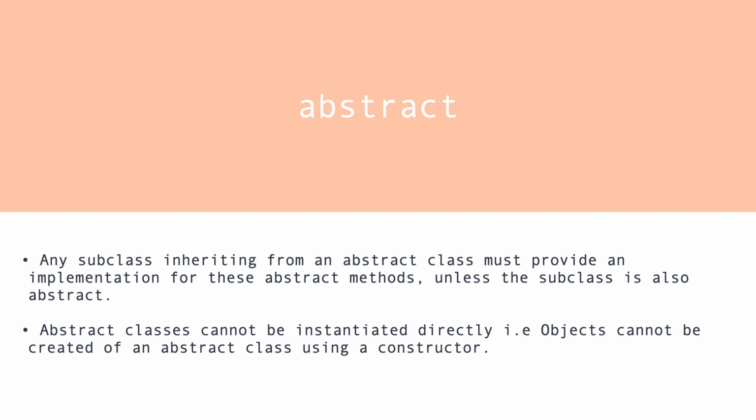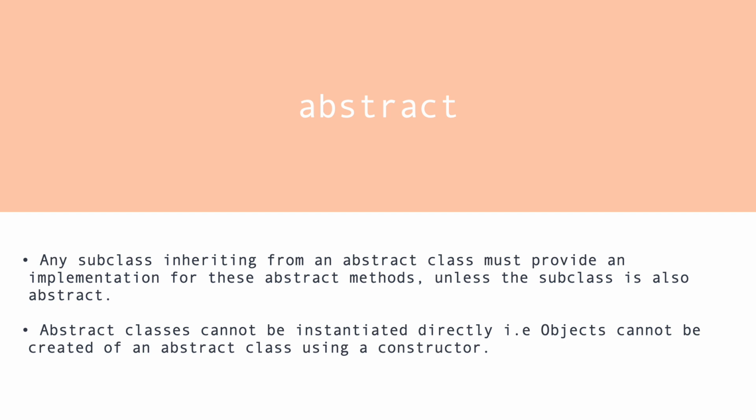It is mandatory for the subclass to have a body, a complete implementation of how it is being executed. Whereas in the abstract class, we don't have the body of that method. We'll just have the name of the method, but the complete implementation of it is done in the subclass. It is mandatory for the subclass to implement the method which is part of the abstract class.